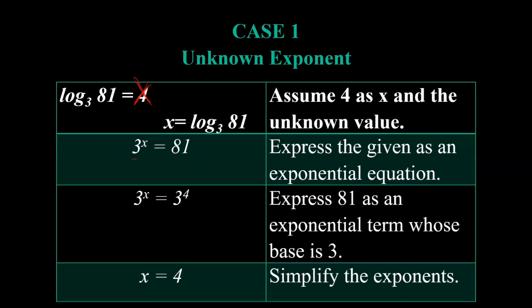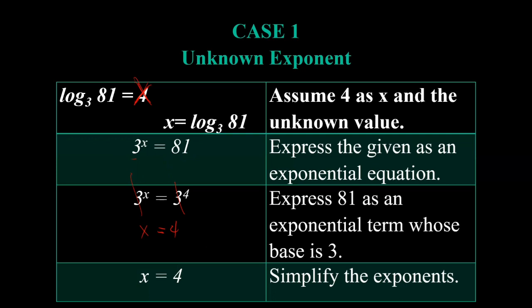We get the exponential form of 81 with the same base 3, so 81 is 3 raised to 4. Since they have the same base, we can eliminate the base 3 and copy the exponent, so x is equal to 4. Therefore, the value of x is 4.